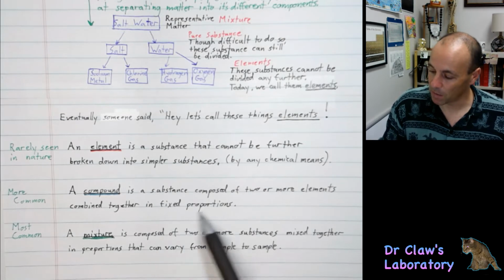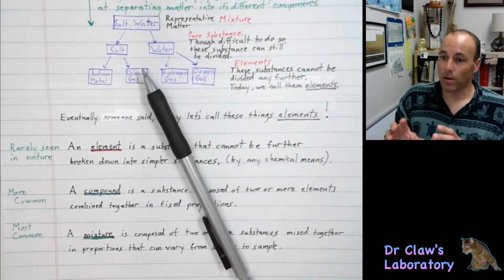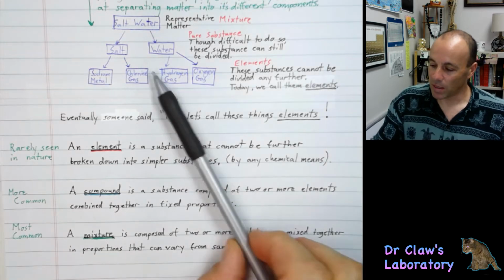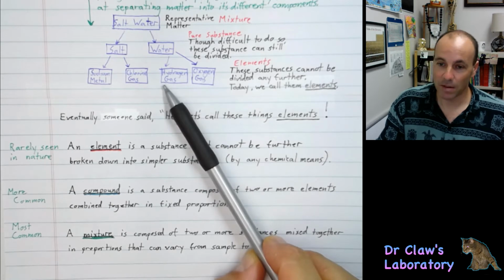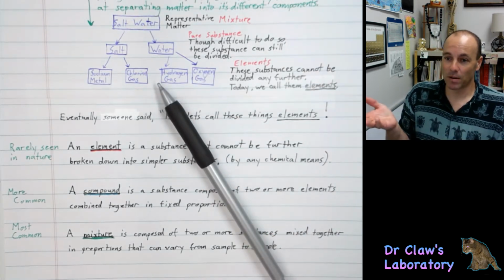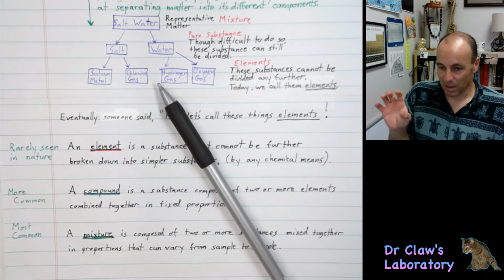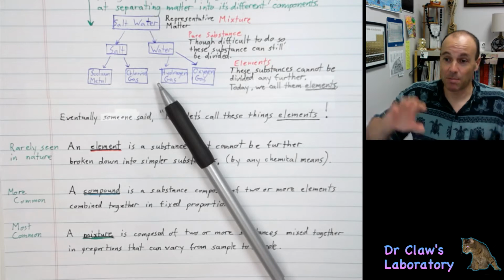What's meant by fixed proportions is that water, no matter where you get your water from, is always 89% oxygen and 11% hydrogen. Okay? If you have 100 grams of water, 89 grams of it is the element oxygen, and 11 grams is the element hydrogen. It doesn't matter where your water comes from.